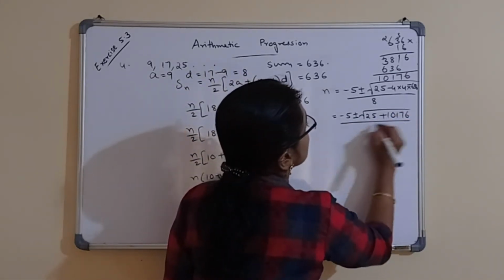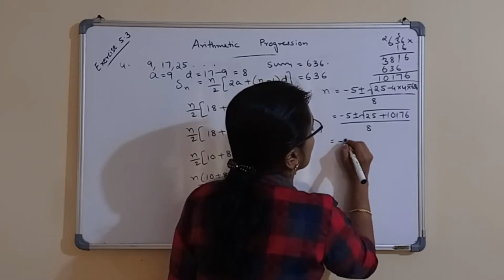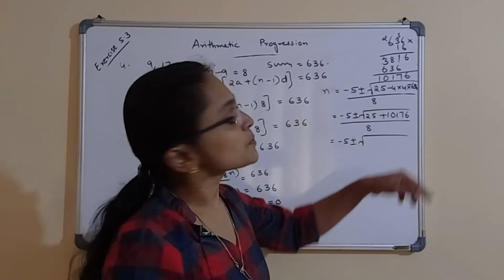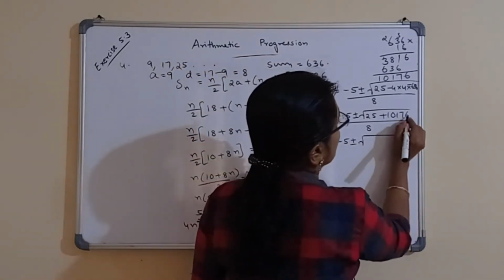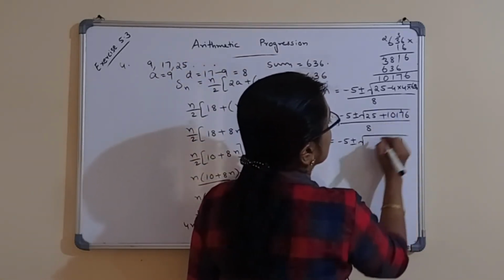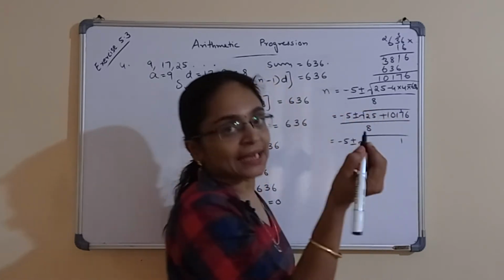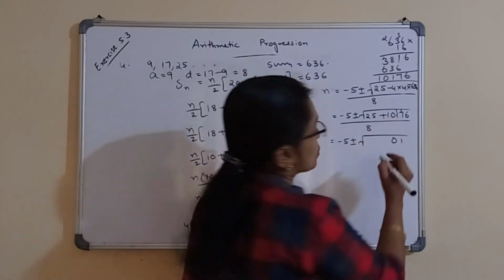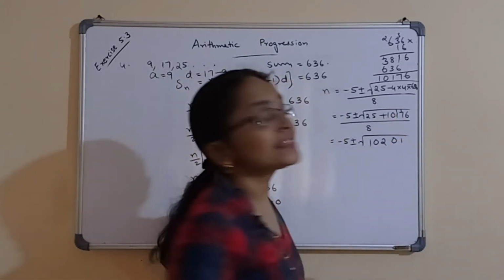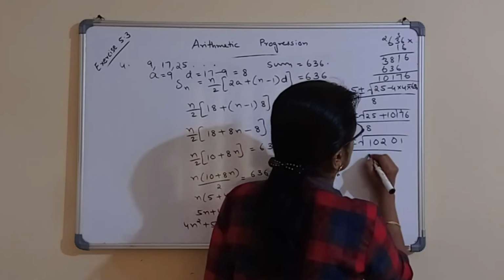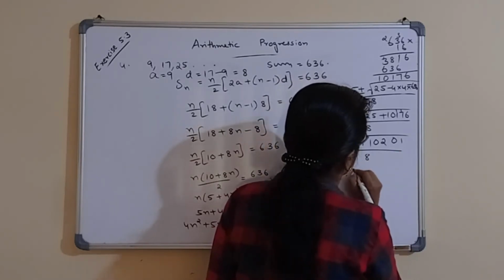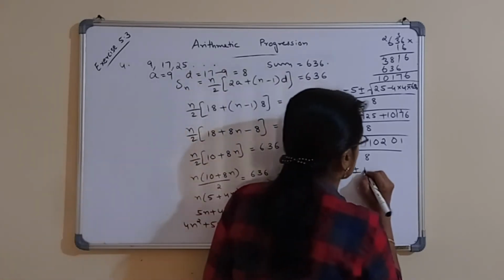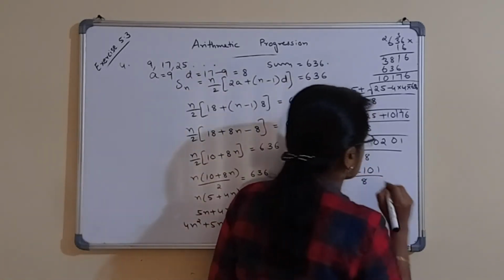So it is minus 5 plus or minus root of 10176 plus 25, by 8. That is 10201 by 8, which is equal to minus 5 plus or minus root of 10201, which is 101, by 8.